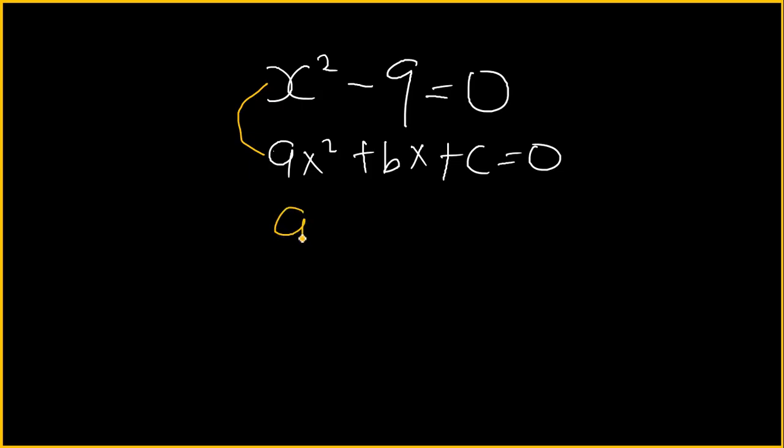For b, from the equation, there is no x, meaning our b would be 0. And our c, which is the constant term, is negative 9.